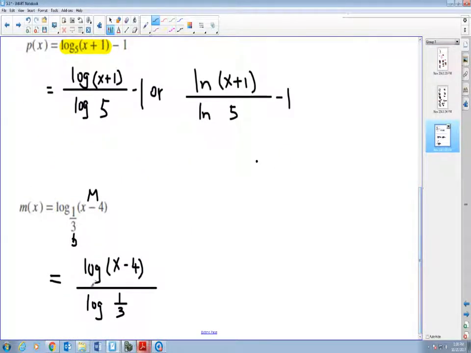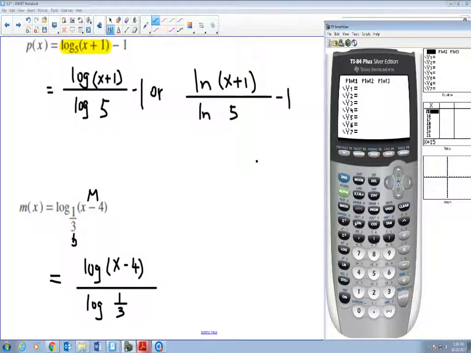If I just simply graph, using the top right here, if I type in log of x minus 4, these are the graph of the log function.